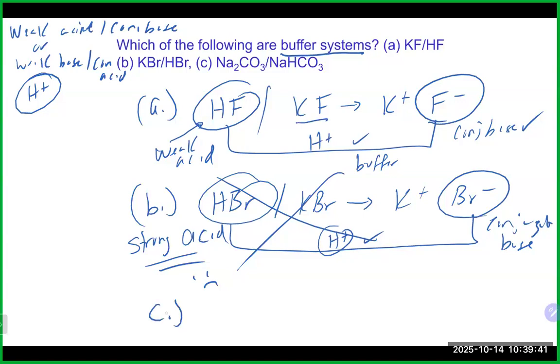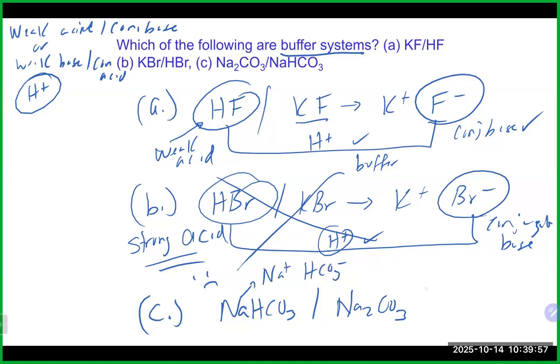And see here, we got some sodium hydrogen carbonate and a little sodium carbonate here. There's actually two salts, and it is sodium ion and a bicarbonate. I'll put a slash there. This guy is some sodium and carbonate here.